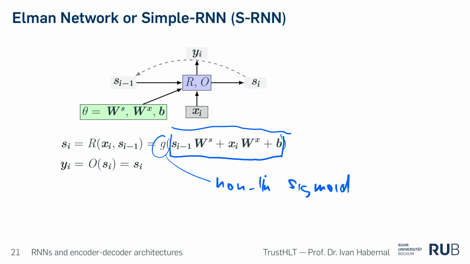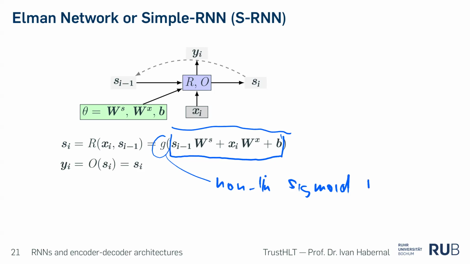Sigmoid takes one input and produces one output. It doesn't take a vector. So how do you do this on a vector? Yes, component-wise. You take each item in the vector and run sigmoid on top of that.